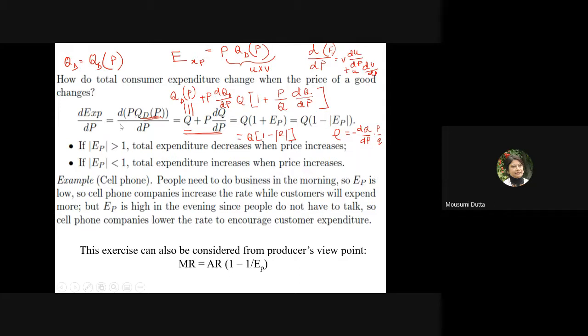Here I explicitly wrote everything so that you don't forget the fact that Q is a function of P. Don't consider Q as a constant. That was the idea. Otherwise, you would write dQ by dP equal to 0. If you consider Q as a constant and take the derivative with respect to P, that will be equal to 0, which is absolutely wrong.